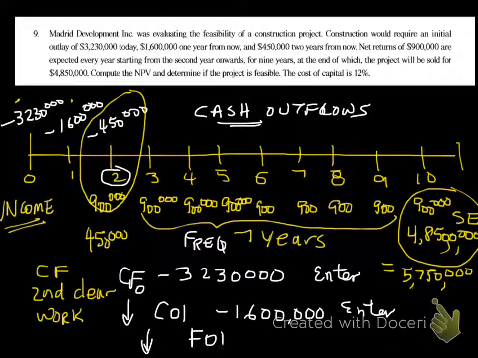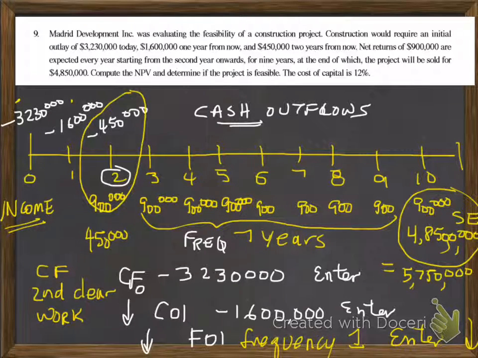F01 is the frequency. Remember that F is always going to be the frequency on this calculator. How many times do we have this frequency of $1,600,000? Well, there's only one. So this is for one time. Again, press the enter key, and then press the down arrow button one more time.